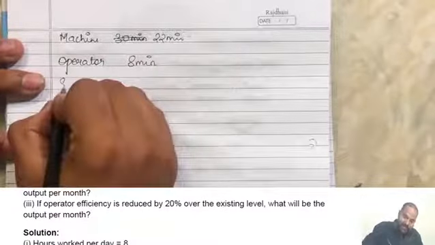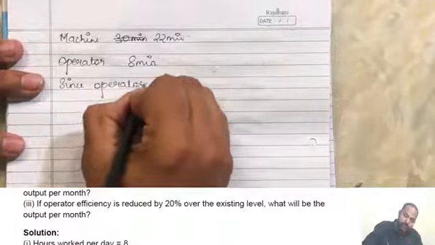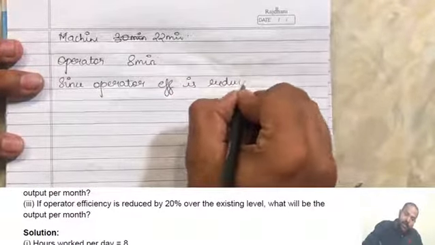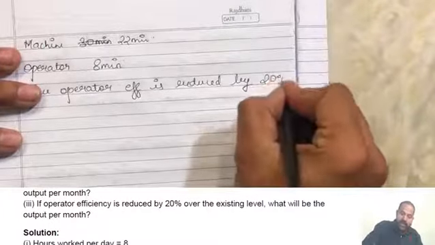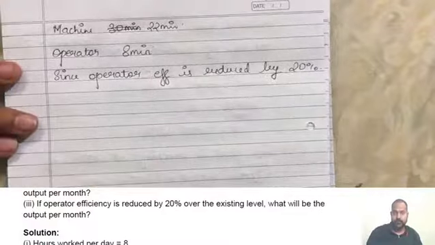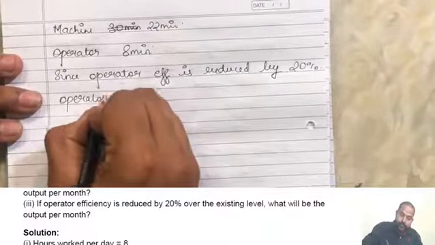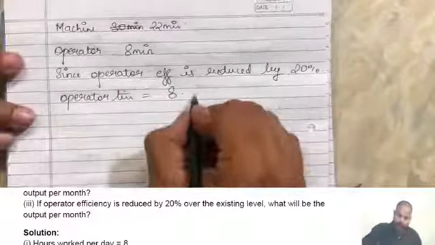So I will say since operator efficiency is reduced by 20%, the new operator time will be 8 into 100 upon 100.